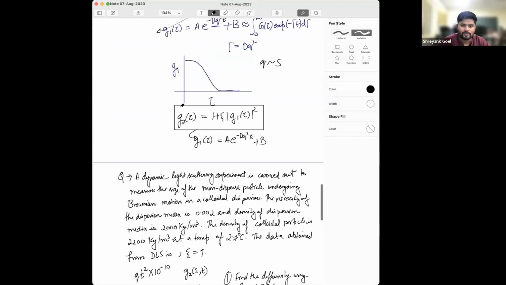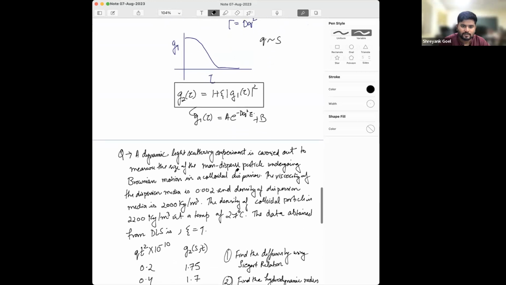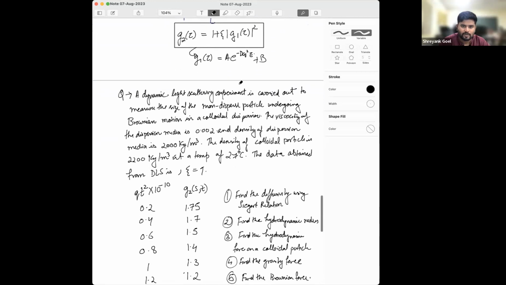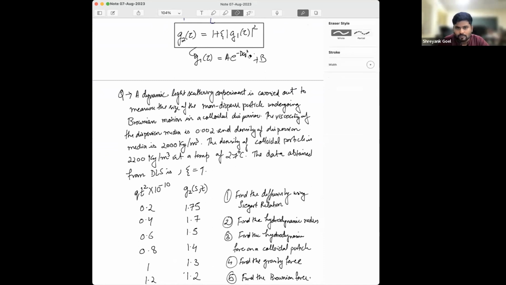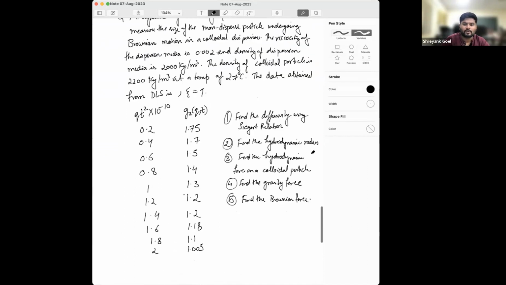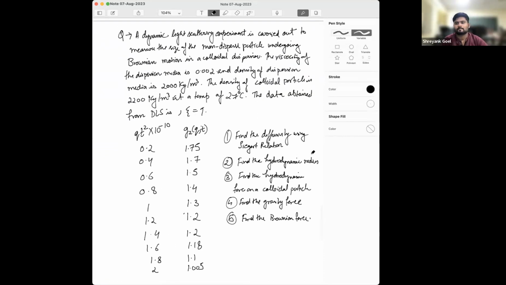So you should know this formula, the Siegert relationship, in order to get this diffusivity. So here it is tau actually. Okay, this should be G. So I will wait for you and try it.